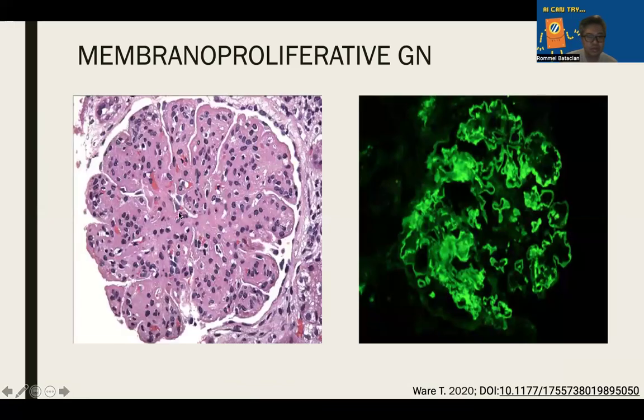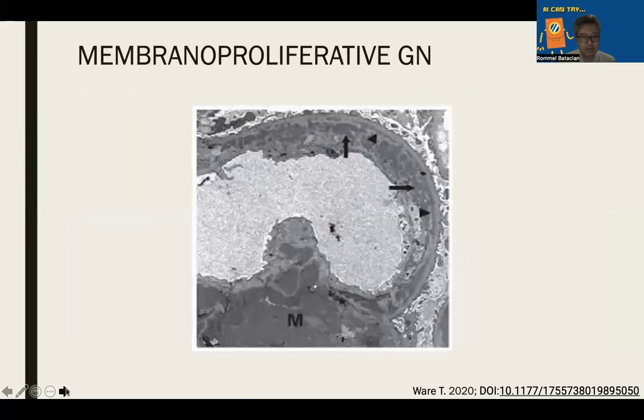As you can see here, there is very diffuse proliferation of the mesangium and the presence of various white blood cells. There is a marked deposition of the immune complexes again in the mesangium and in the membranes. And there is also the presence of dense deposits in the basement membrane as well.